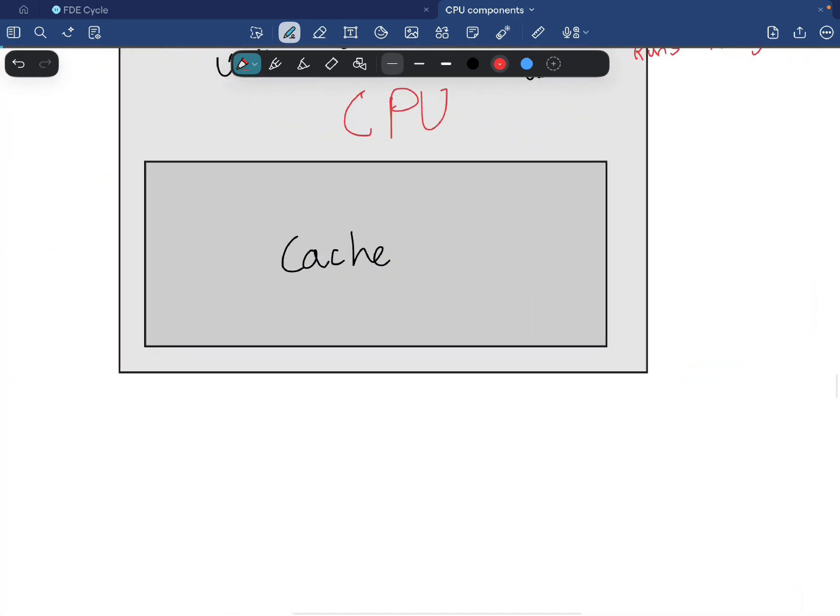Now here, cache is memory that holds frequently used data and instructions.